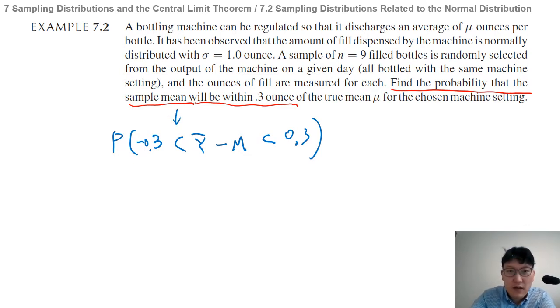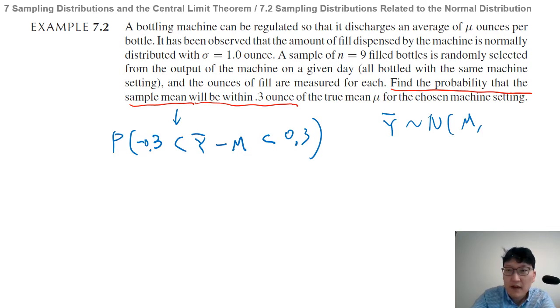What's the distribution related to this? We know that y bar follows a normal distribution with mean mu and variance sigma square over n.